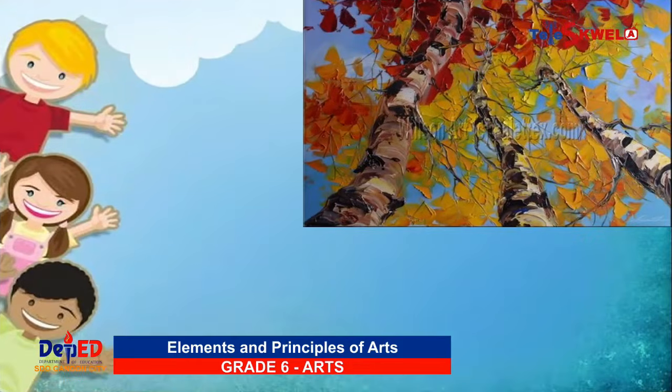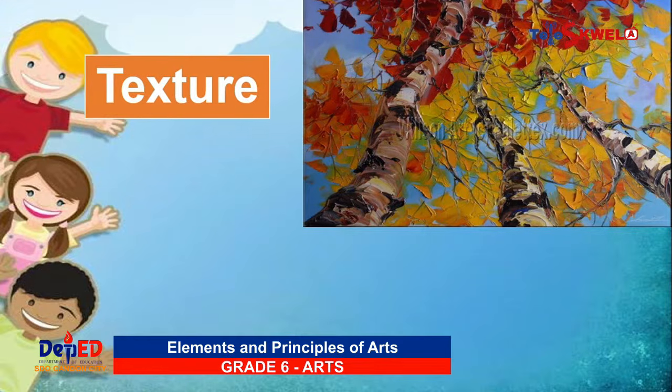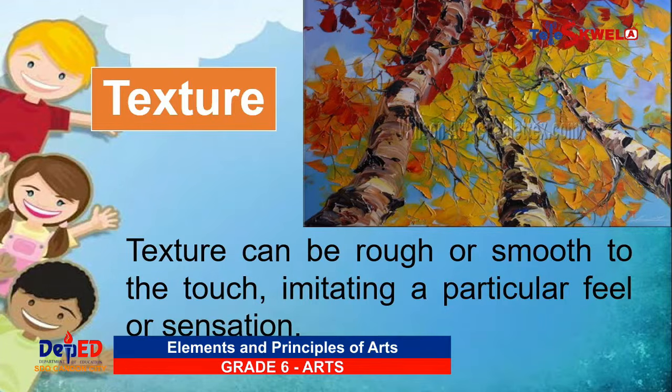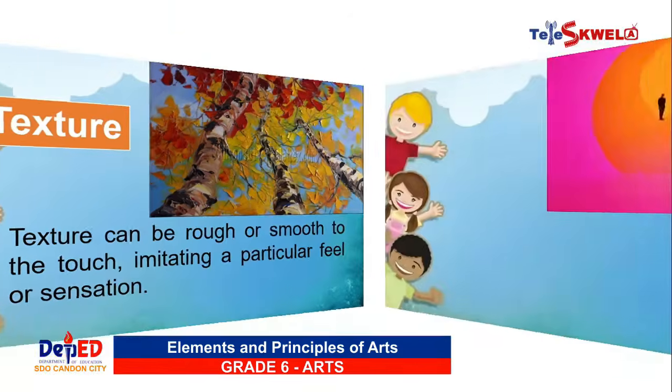Number 5 element is texture. Texture can be rough or smooth to the touch, imitating a particular feel or sensation. The texture is also how your eye perceives a surface, whether it is flat with little texture or displays variations on the surface, imitating rock, wood, stone, fabric, and many more.